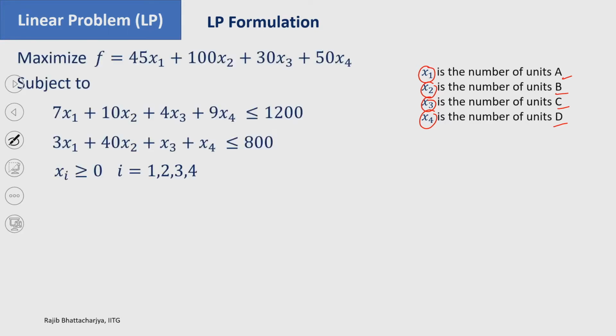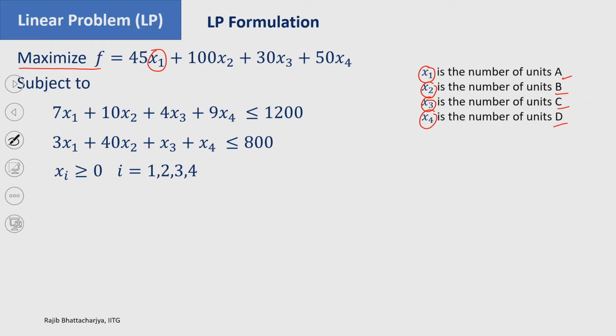Now, let us see what the optimization model is. Here the objective function is of maximization type. I would like to maximize the benefit. If I produce x1 of A, then the per unit benefit is 45; it may be in rupees or some other unit.